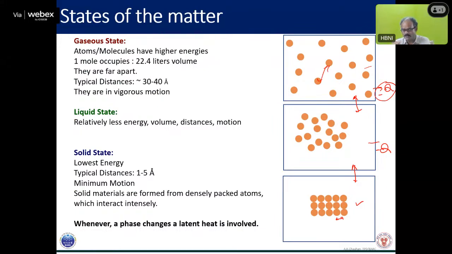You can have very fast crystallization, but some materials which have very low thermal conductivity, it is very difficult to make a crystal out of them. Usually, the heat from the interface, whatever is being liberated, cannot be passed to the surroundings.